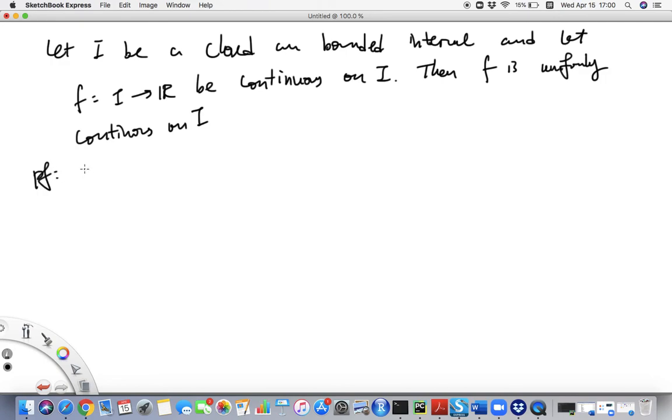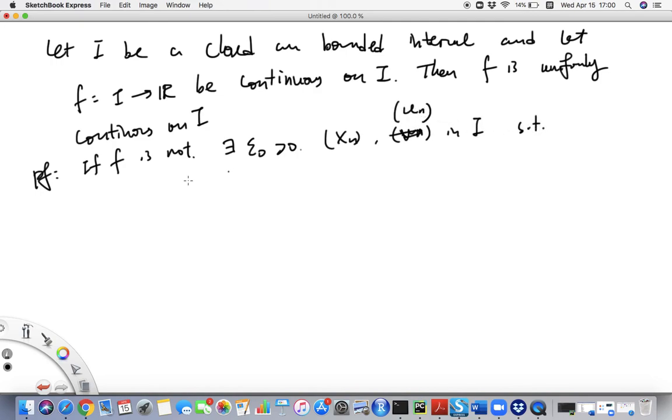Okay, proof. Say f is not uniformly continuous. Then by the previous result, we can find an epsilon_0 greater than 0 and two sequences x_n and u_n in I such that |x_n - u_n| is less than 1 over n, and |f(x_n) - f(u_n)| is greater than or equal to epsilon_0 for all n.